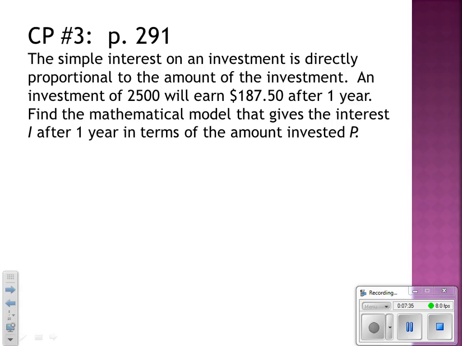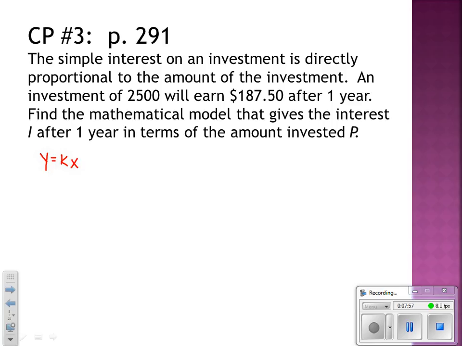It says an investment of $2,500 will earn $187.50 after a year. Find the mathematical model that gives the interest I after 1 year in terms of the amount invested P. All right, so if we have a direct variation model, remember we're looking for y is equal to kx of some sort.